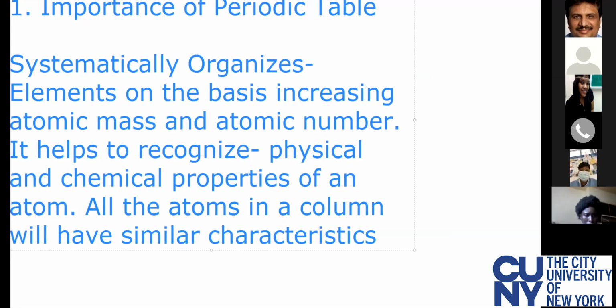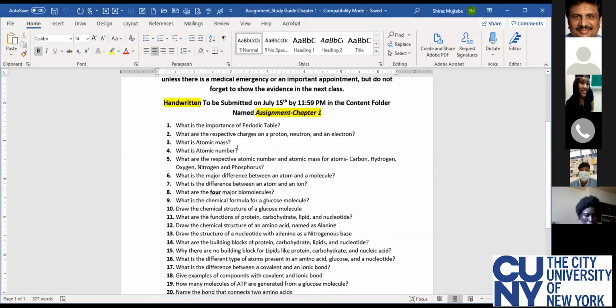The question number 2 is, what are the respective charges on a proton, neutron, and an electron? So where does this come from? Let's say there is an atom.